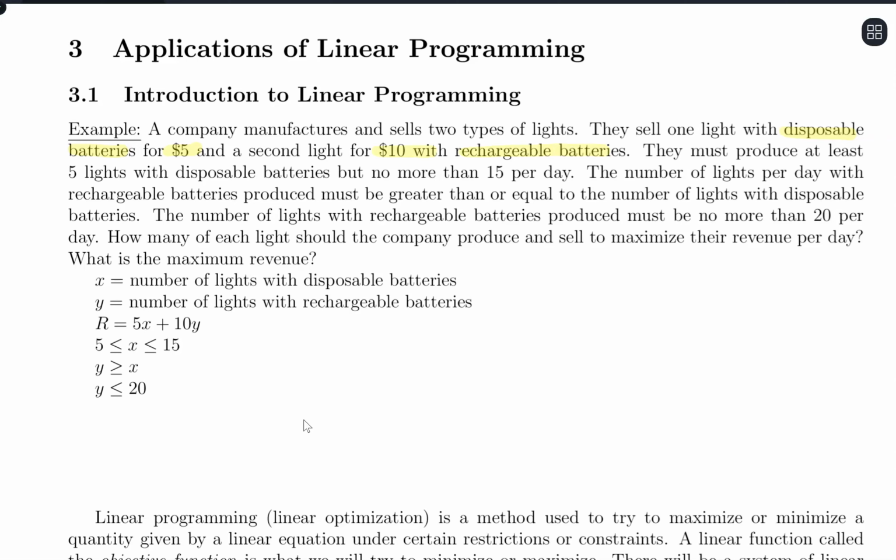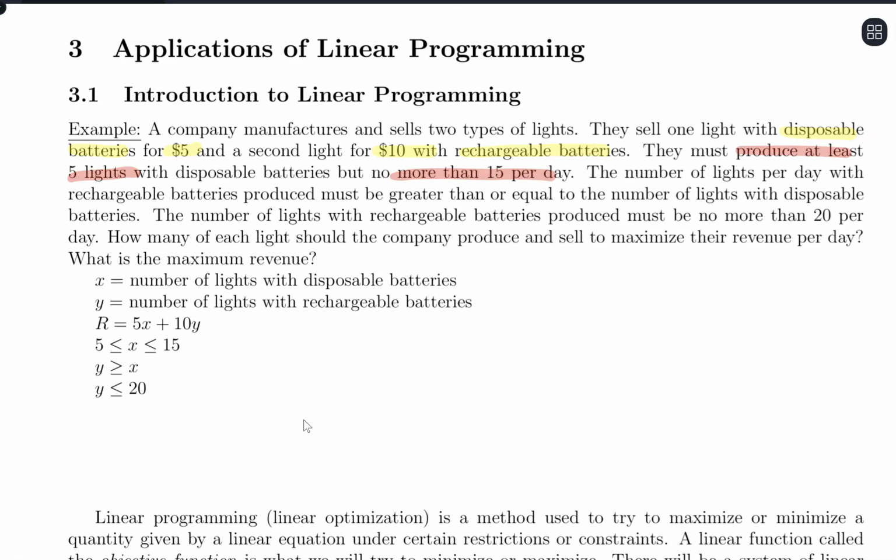So there's our two scenarios, and in terms of information, they're telling us about the cost. They must produce at least 5 lights with disposable batteries, but no more than 15 per day.